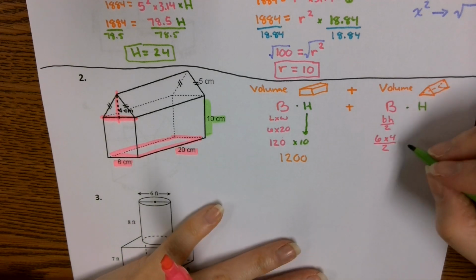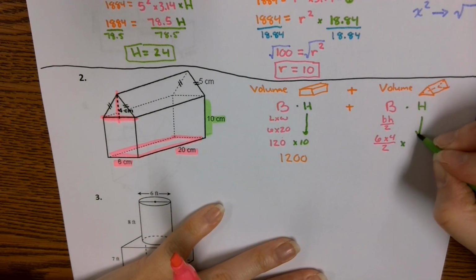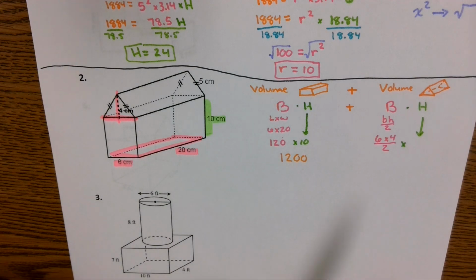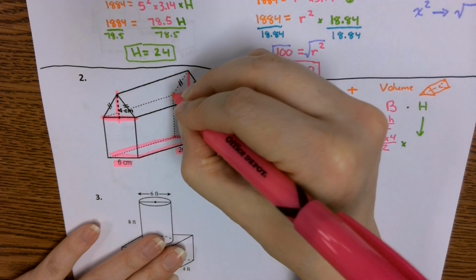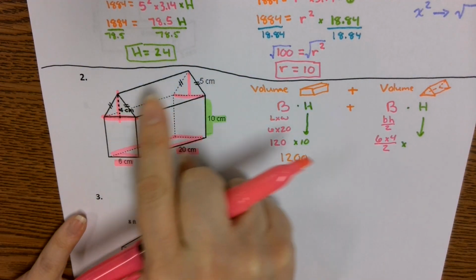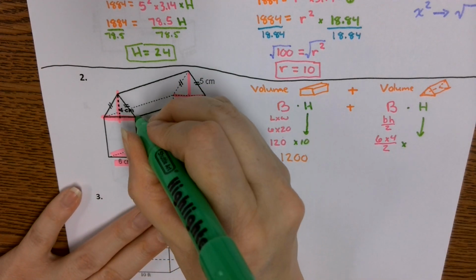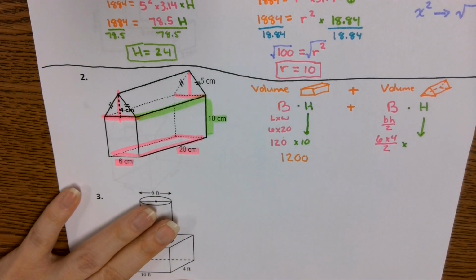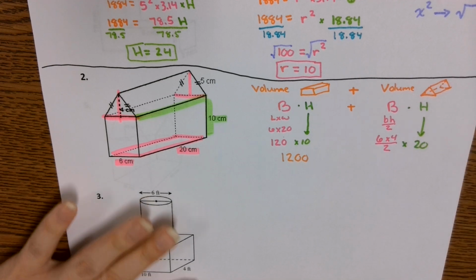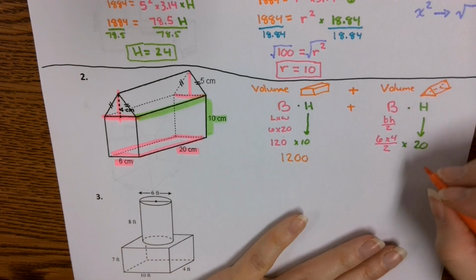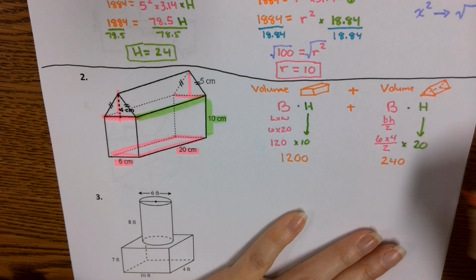Okay, and then we're going to multiply this by the height of the triangular prism. So what is the measurement that takes us from this front triangle to this back triangle? 20, right? Good. So we're going to multiply that by 20. Once we do that, we're going to get 240.